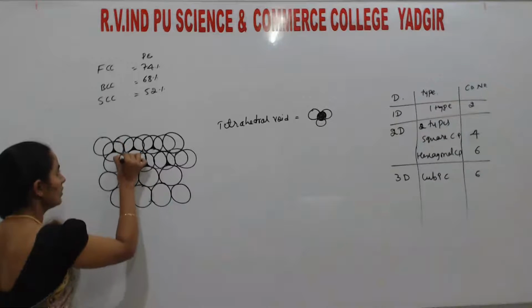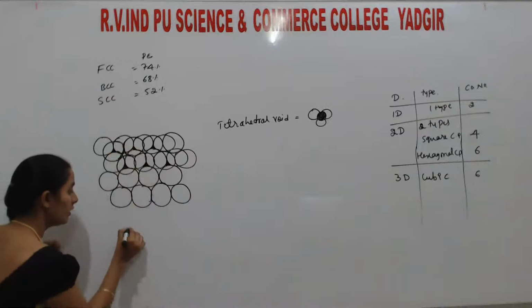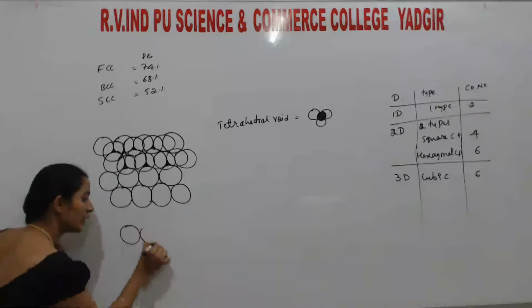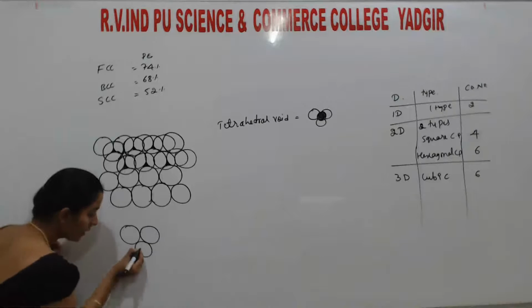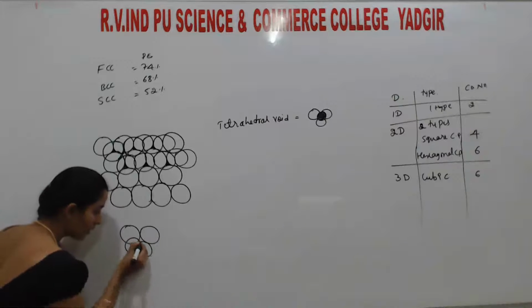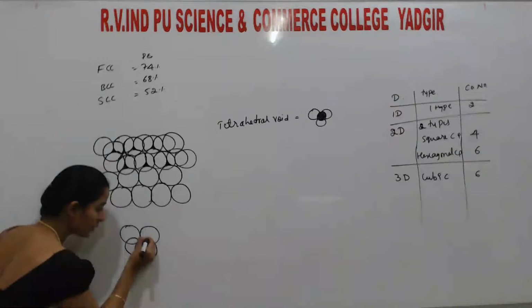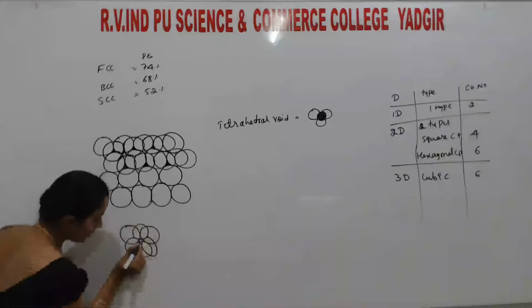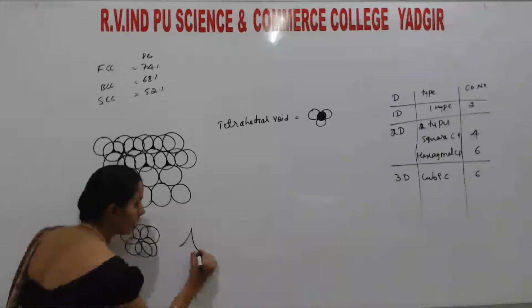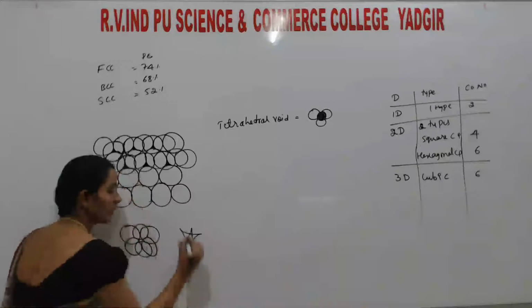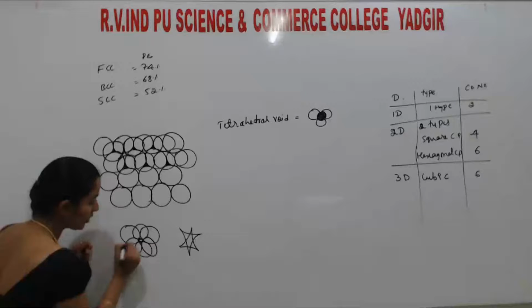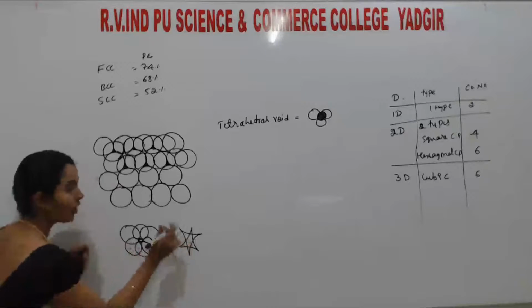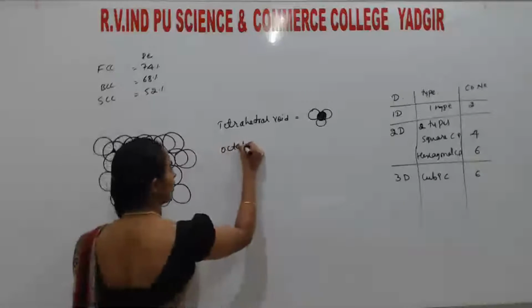This one, this one, this one, and this one, this one, this one. Here, these are the spheres of the first layer. When the other layer is placed, the spheres are like this. Here the void is created like this. So students, this void is empty. Okay, this type of void is the octahedral void.